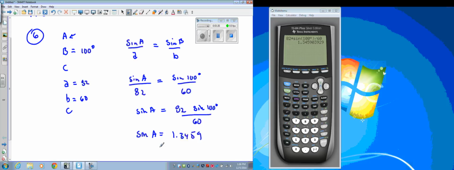And notice what it's asking: determine the number of triangles ABC possible with the given parts. So the number of triangles possible is 0, because this is not possible, right?